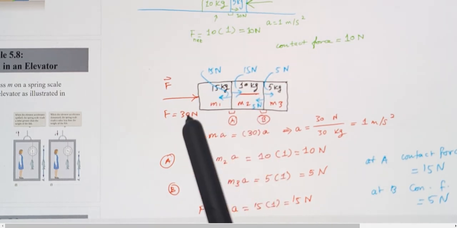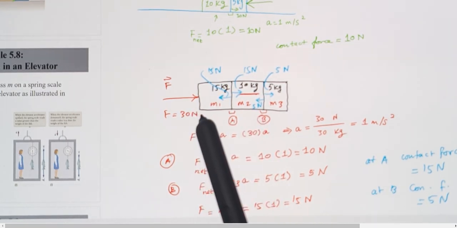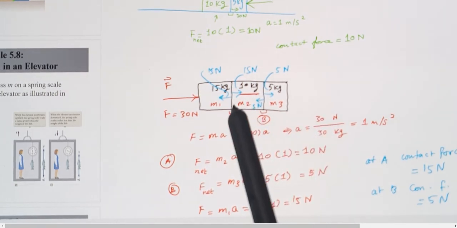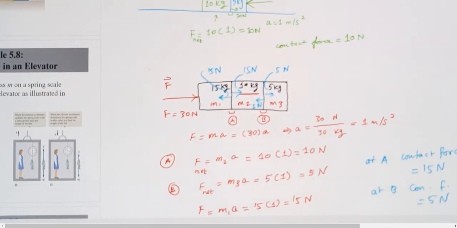It will receive from left 15, and it will give to the right 5. So net is 10 Newton. M1 and M2 is 15 Newton, that's correct. M2 and M3 is 5. And that's because the force is from left to right. If you apply the force from right to left, it will be different.